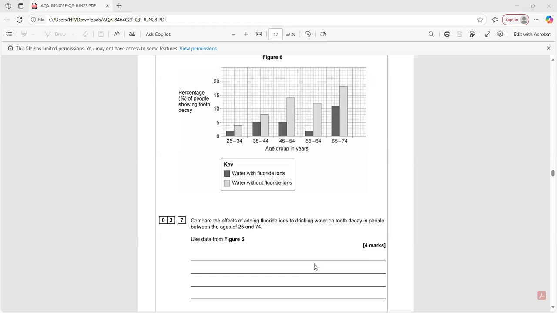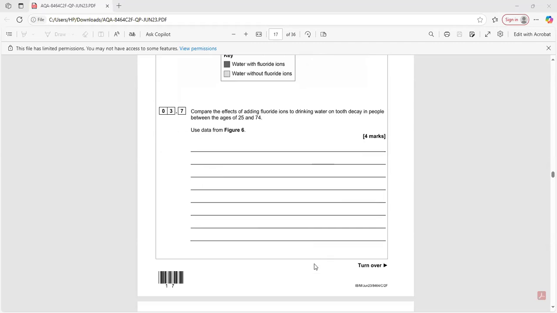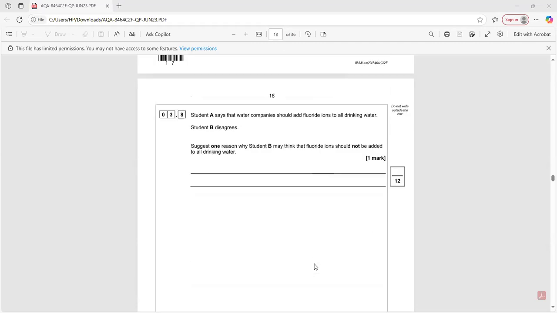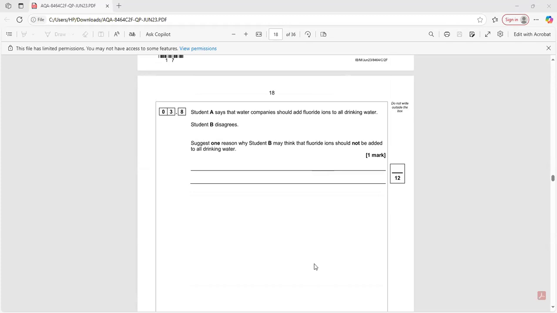Yes. If you look at 45 to 54 and 55 to 64, you will see there's a higher reduction in those age categories. Well, nice reading of the graph. Okay, so we move on now.